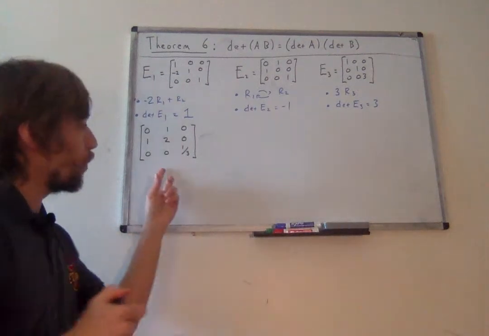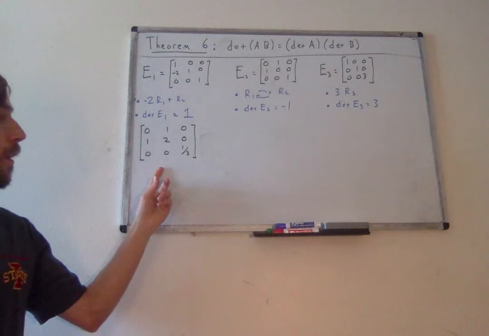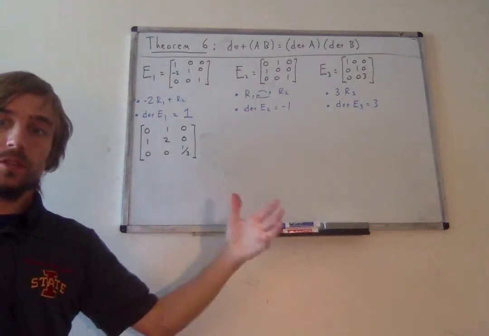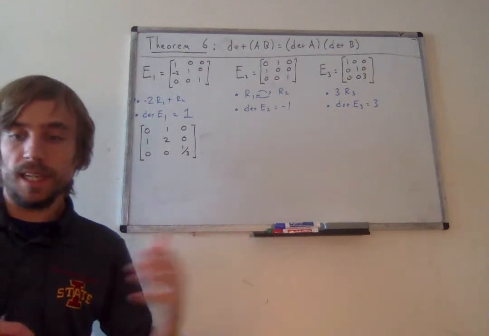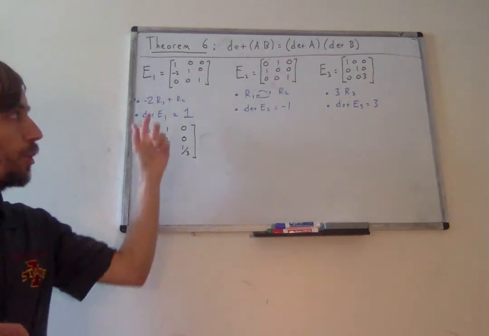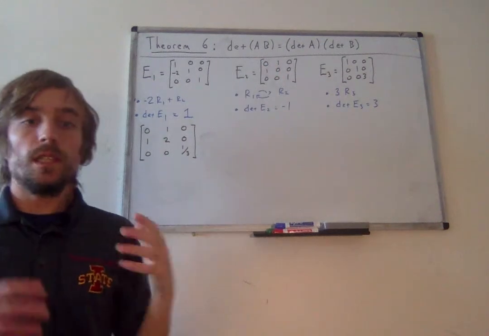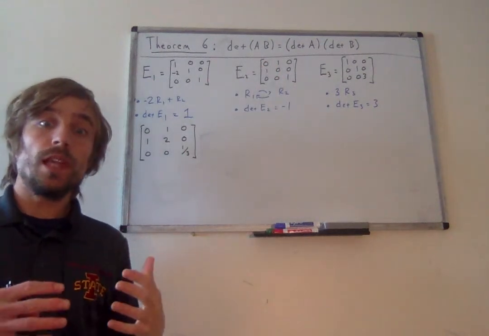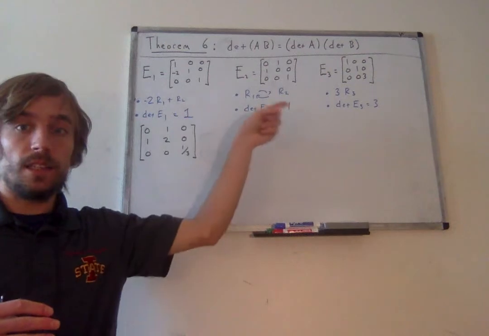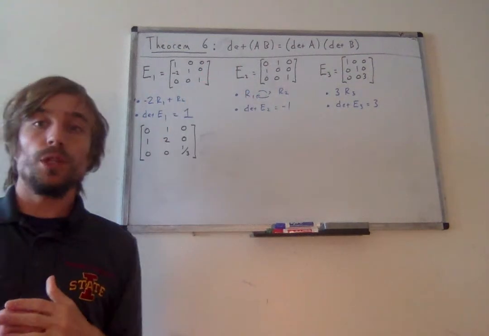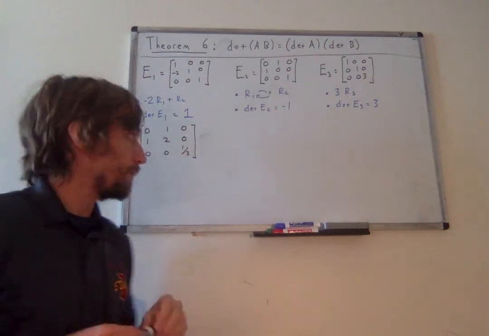I want to row reduce this matrix using these row operations, look at the determinant at the beginning and the end, and then show that this multiplicative property is always going to hold with these elementary matrices. We're going to use this fact in our proof to show that the multiplicative property will hold with all matrices.